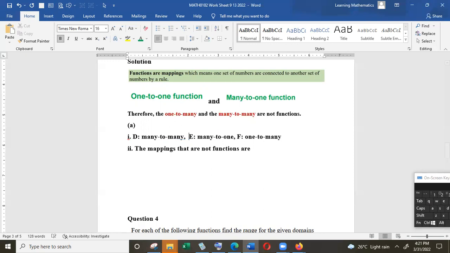D is not a function because these are many to many. A many to one is a function. So E is a function. Remember, it says to list only those that are not functions. So D is not one, neither F, because F is a one to many, and one to many is not a function. So the mappings that are not functions are D and F.